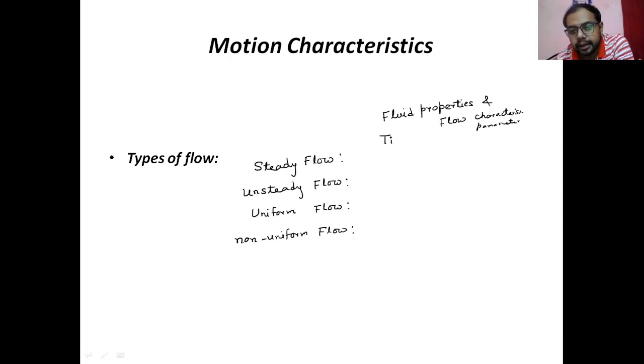So the question is whether it is varying with time or space. Here, the steady flow does not vary with time. Unsteady flow might vary with time. So steady flow does not depend on the time.